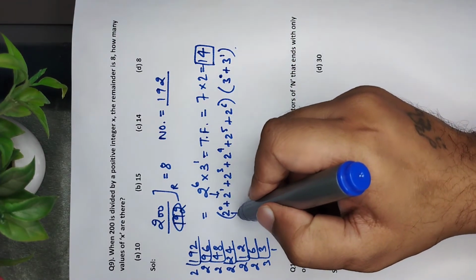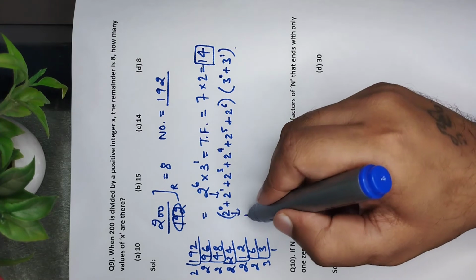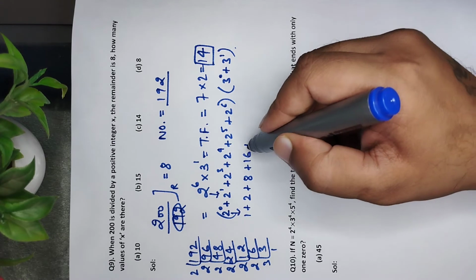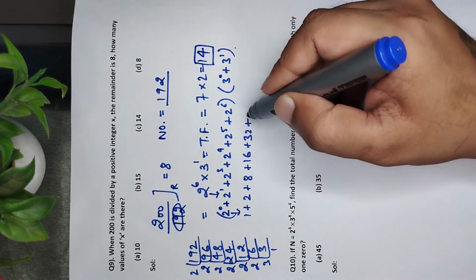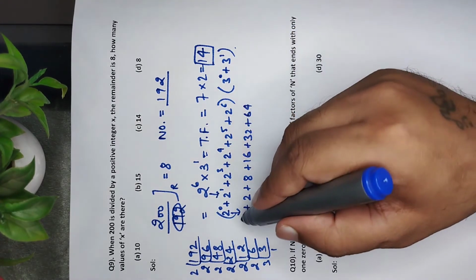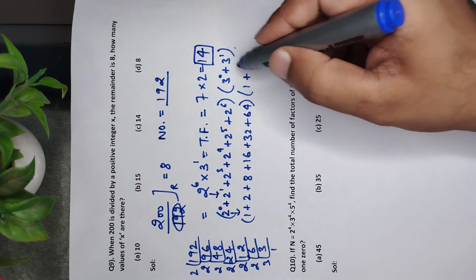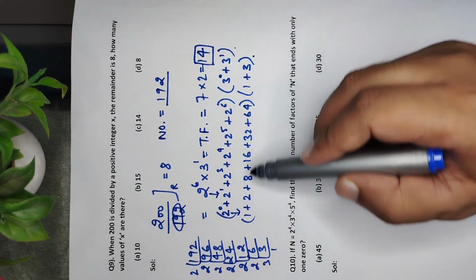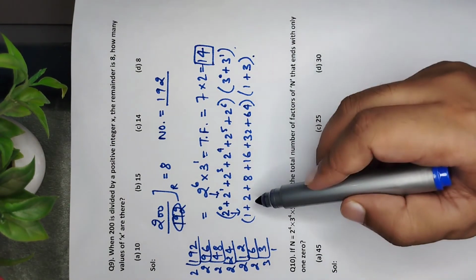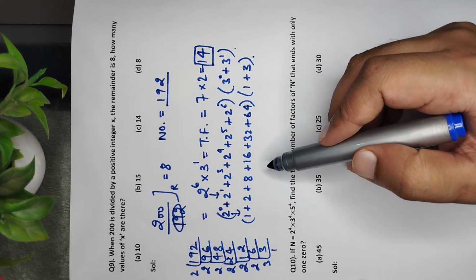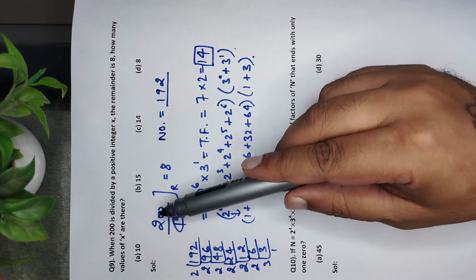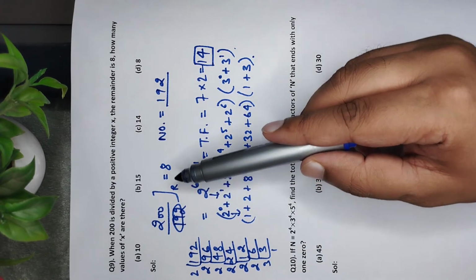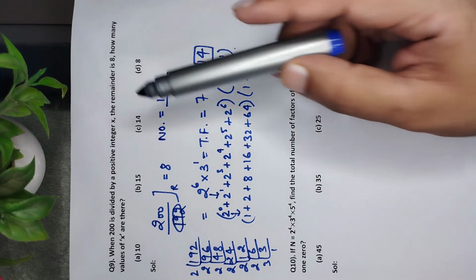What does it mean? I have explained this earlier as well. This can be written as 1, 2, 4, 8, 16, 32, 64, then one number is 1, then another number is 3. And then we will multiply this 1 with all of these numbers, and then I will multiply this 3 with all of these numbers. But what they are asking is, when I divide this 200 by 192 or any factor of 192, the remainder should be equal to 8.